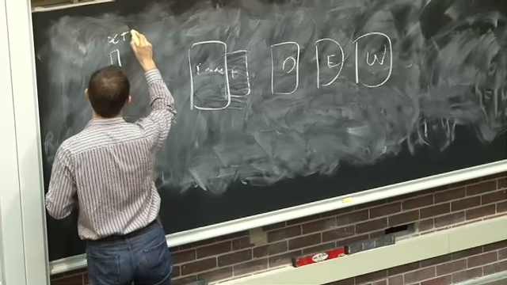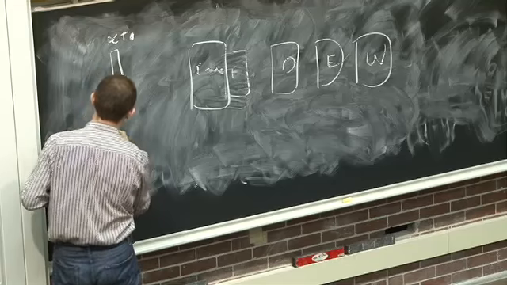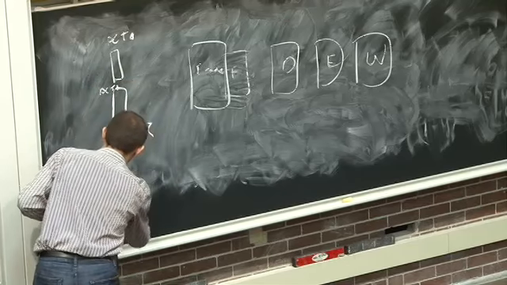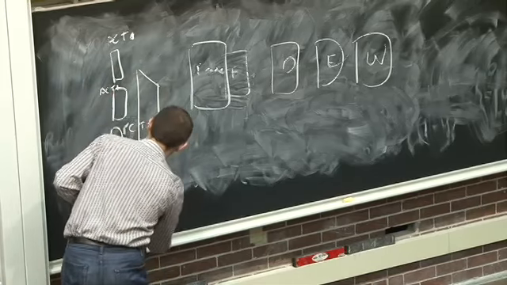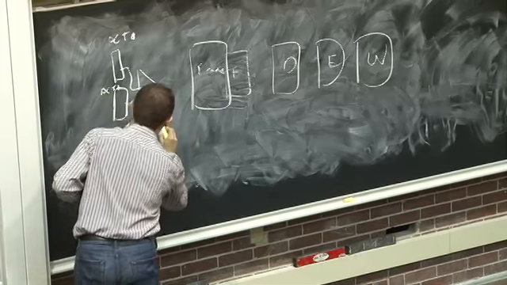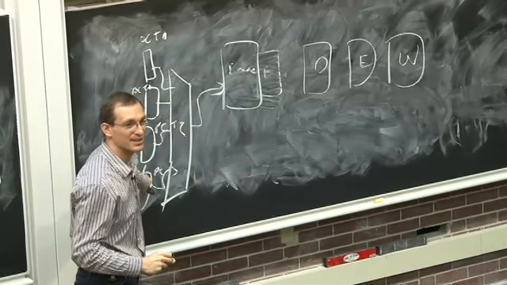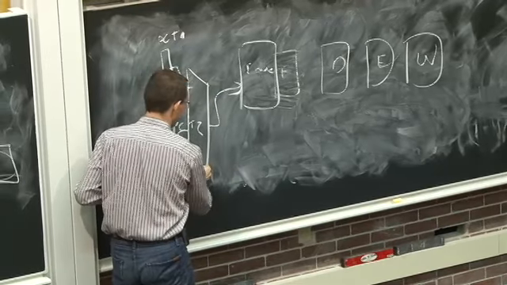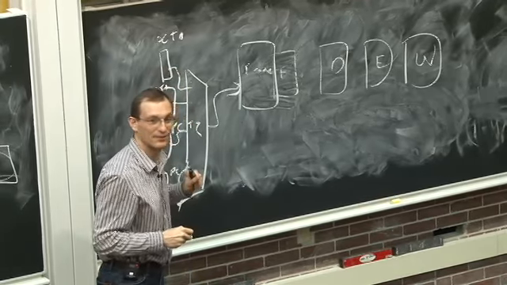PC for thread 0, PC for thread 1, PC for thread 2, PC for thread 3. And you have a mux that determines what PC is used to access the instruction cache. And every cycle you rotate the round robin selection of which thread you're going to fetch from.